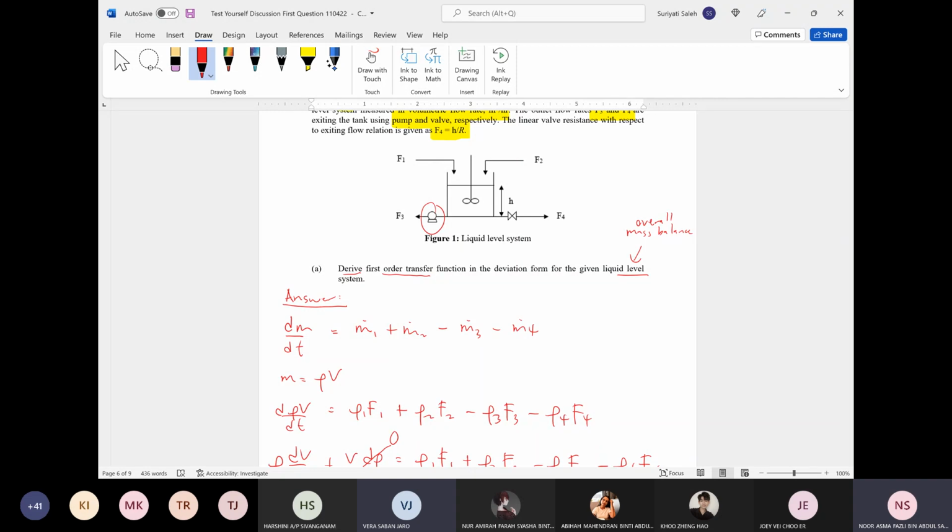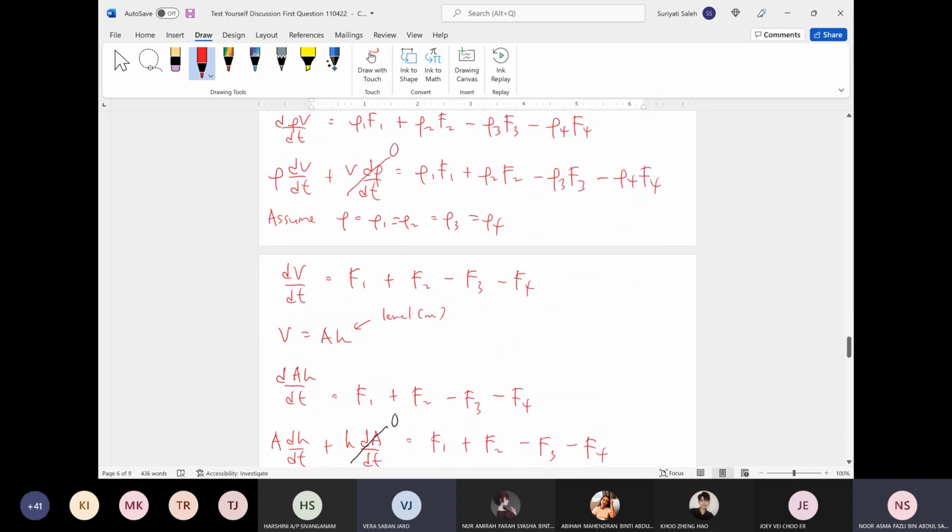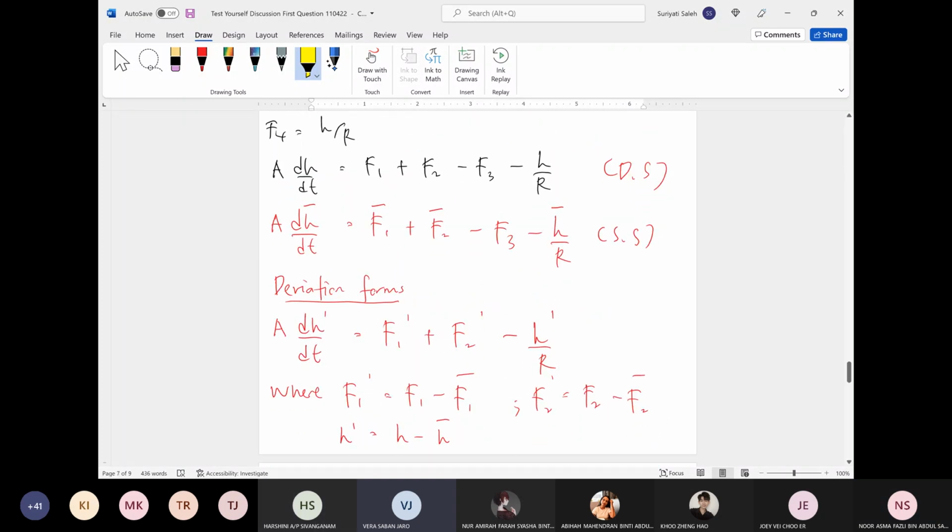If you're already familiar with it, you can skip the step. You can jump straight to here, the A dH/dt. No problem, if you're already familiar with it. Okay, doctor, thank you.